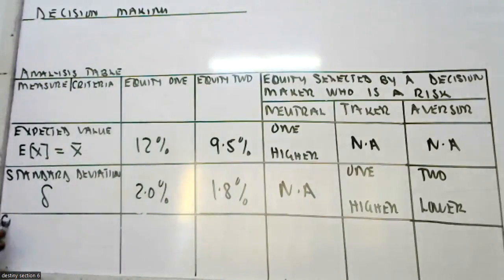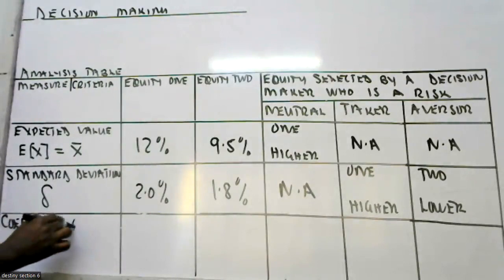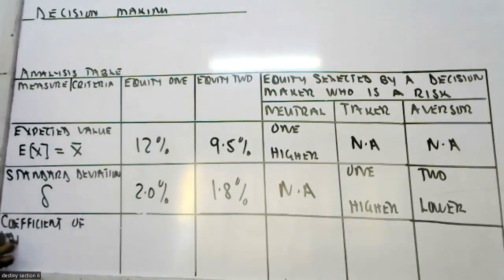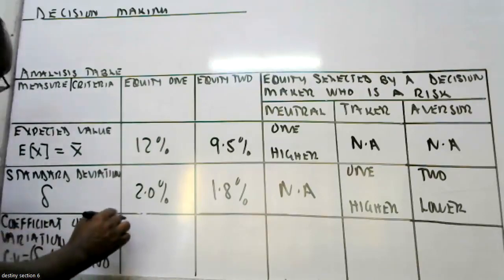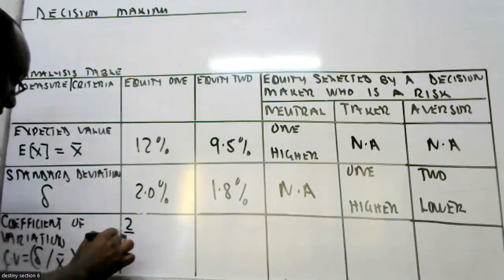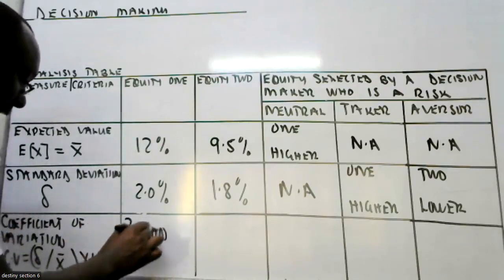The other one is called coefficient of variation. Coefficient of variation, CV. Now, CV is given as standard deviation, you divide by the mean, you multiply by 100. So like now here, this will be 2, you divide by 12 times 100.